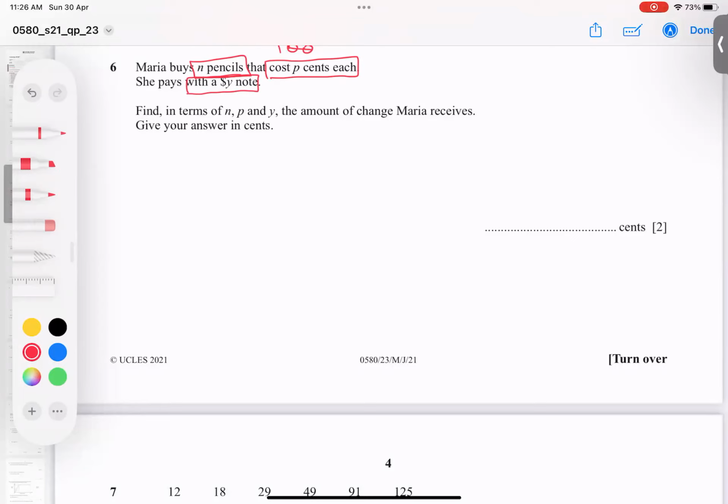So find, in terms of n, p, and y, the amount of change she receives. So I give an example. For example, what is the formula we have? For example, number of items. Because when you pay an amount, the amount formula is what we normally use.